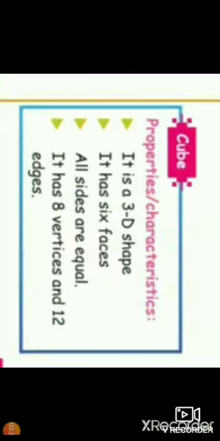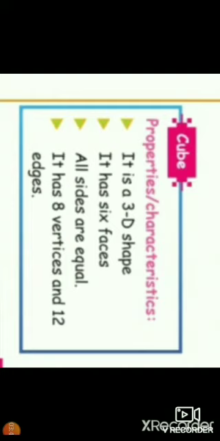So this is your cube shape. It is based on a square, so we can draw this cube square-based. Here we have faces, vertices and edges. Let me see the characteristics of a cube. We already said the cube is a 3D shape.